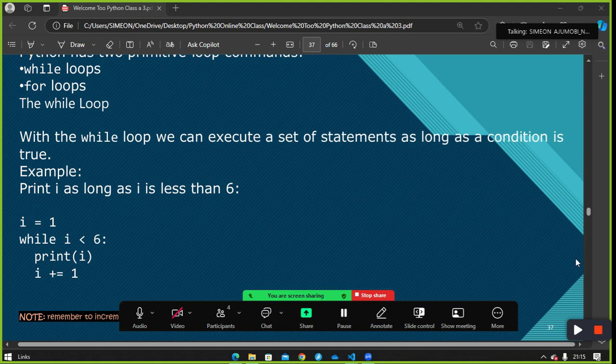While i is less than 6, print i, if i. You see what I was telling you, that you can add an if statement. After the while there is an if, then it goes with a break. But let me write my own first so I can explain this later.